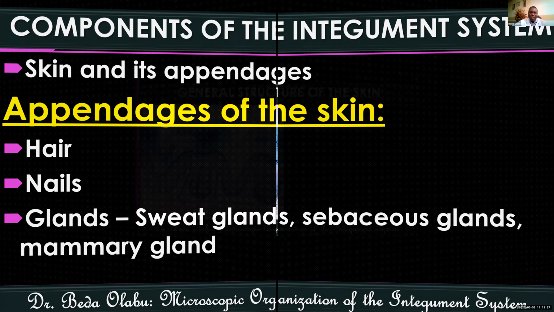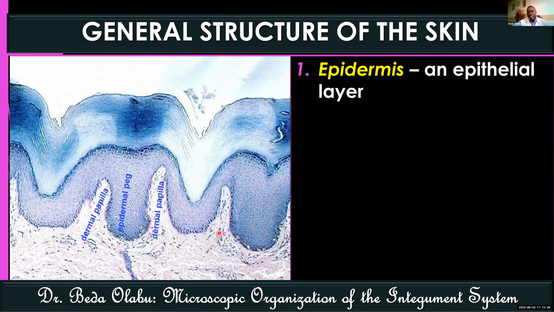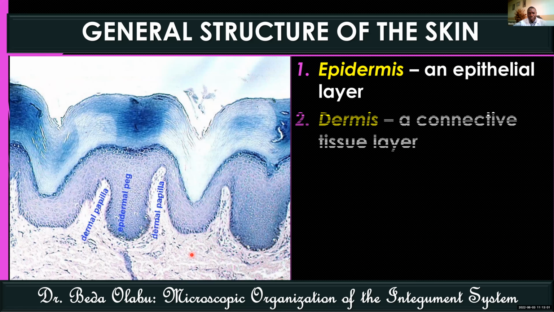In terms of its general structure, the skin consists of two important layers. We have a layer that we call the epidermis. So the epidermis is this layer here, made up of epithelial tissue primarily. So it's a layer of epithelium. And then below that one, we have the dermis. The dermis is a connective tissue layer, largely of fibrous connective tissue.